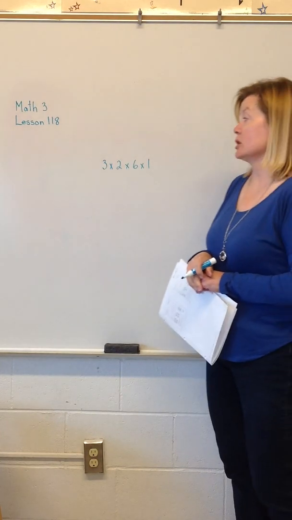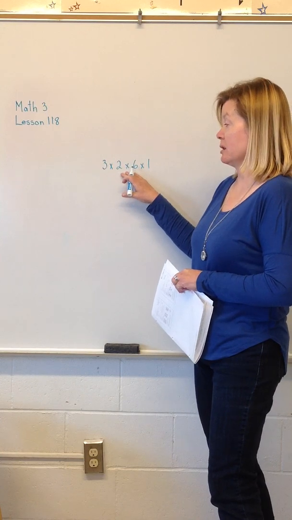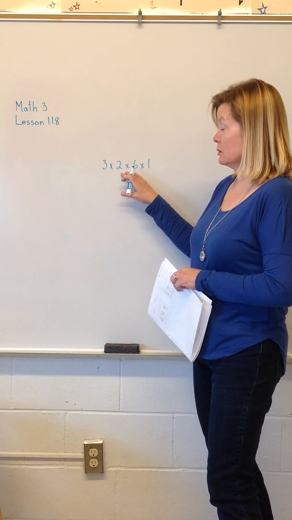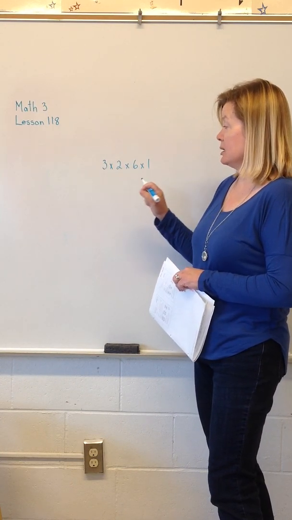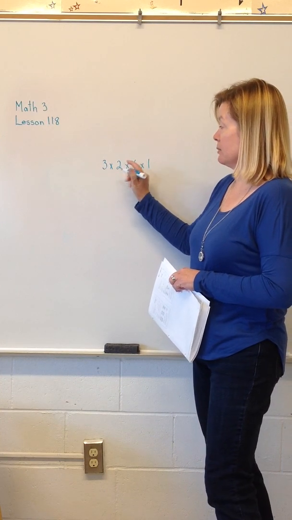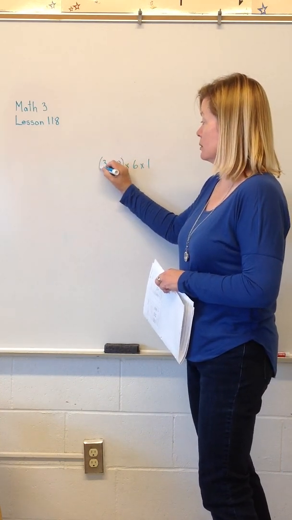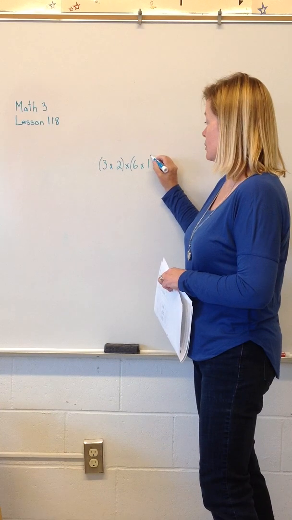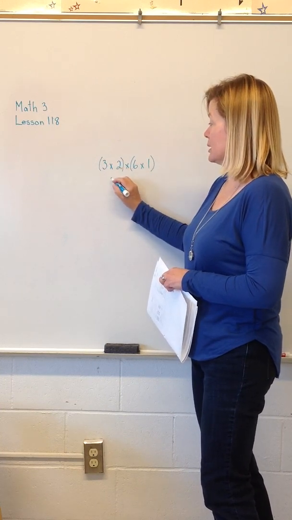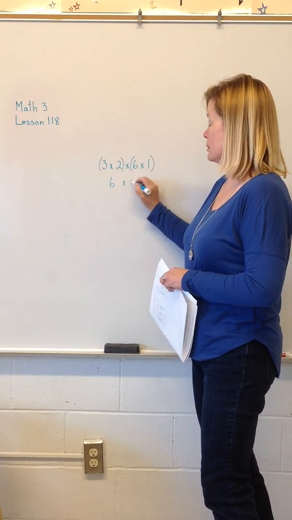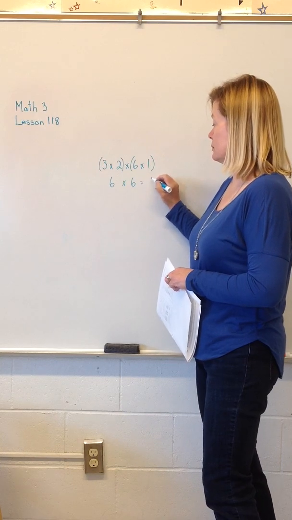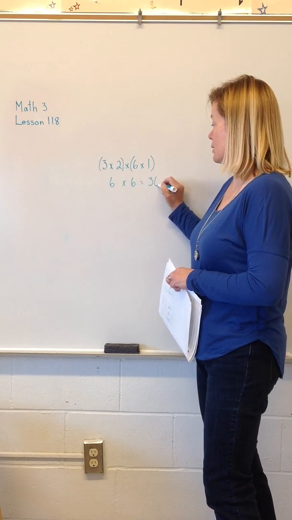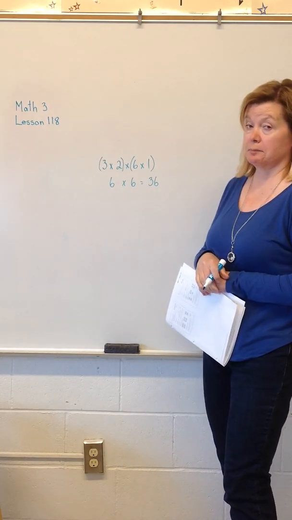And with a 4-digit, you can choose to multiply in the middle and then multiply the other sides. I think I would probably do it this way and here, because then I have 6 times 6 equals 36.